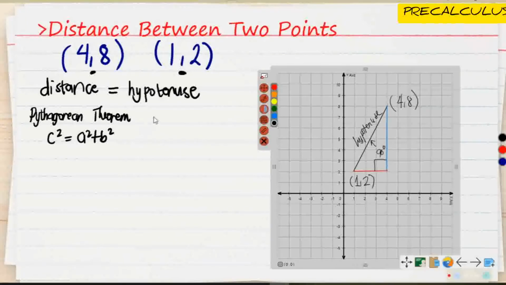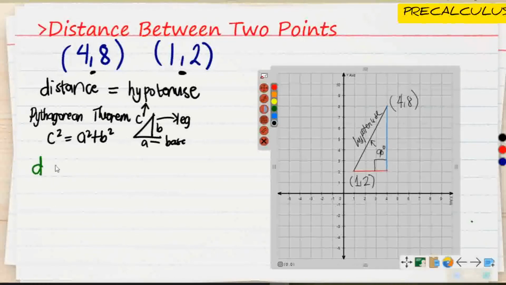So sa triangle natin, ito yung c, ito naman yung a and b. So ito yung leg ng triangle, ito naman yung base. And then ito yung hypotenuse. So magagamit natin to kung given yung values ng b and a. Since dito sa given natin ay points ang given, we can represent it as the distance.